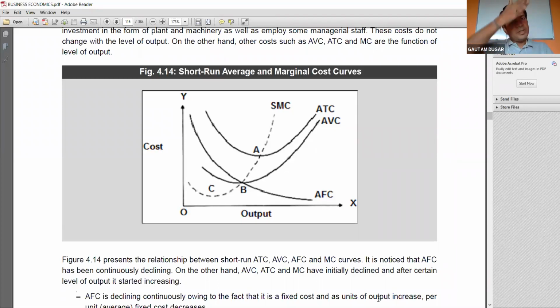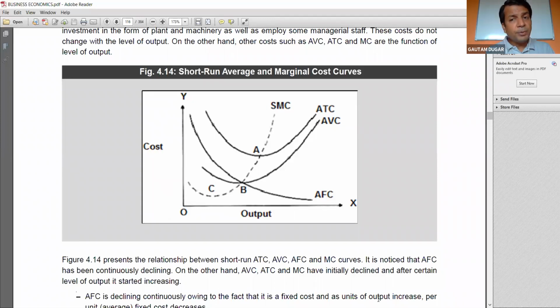Average cost curve is falling initially. MC curve is also falling. But all throughout, when the average cost curve is falling, marginal cost lies below the average cost.